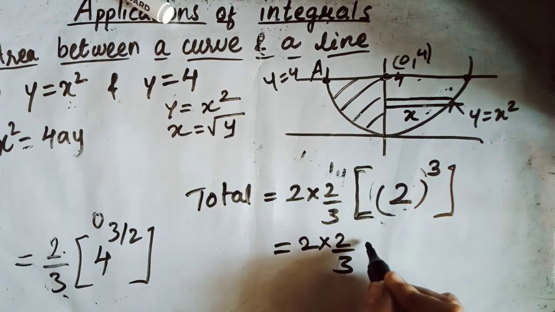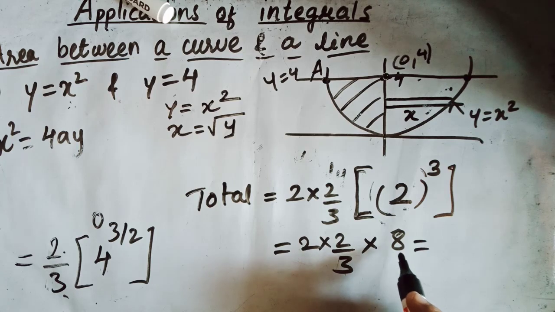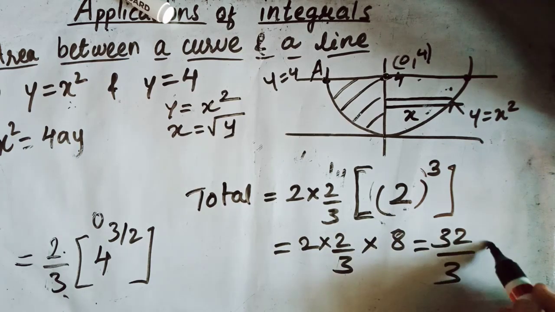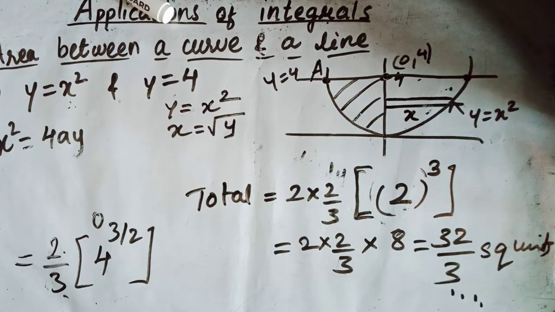So 2 into 2 by 3 into 8. The final answer will be 32 by 3 square units. So this is the total area.